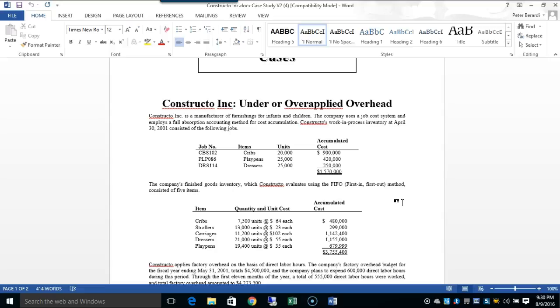Unlike variable costing, which you've learned about in your cost volume profit analysis chapter, variable costing takes the fixed cost components out of the product costing and only works with variable costs such as direct labor, direct materials, and variable manufacturing overhead such as indirect labor, selling costs like commissions.